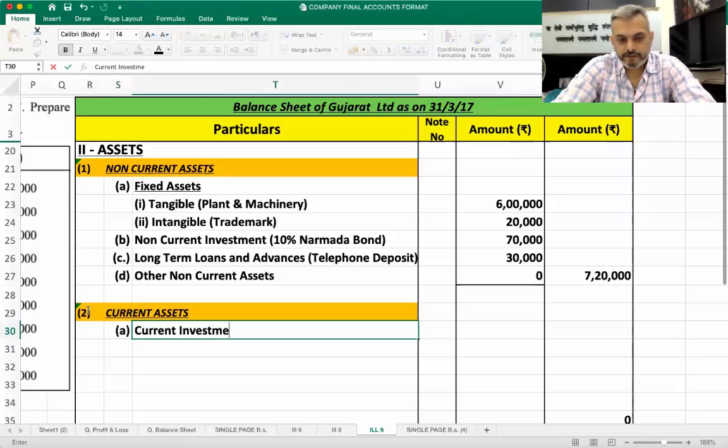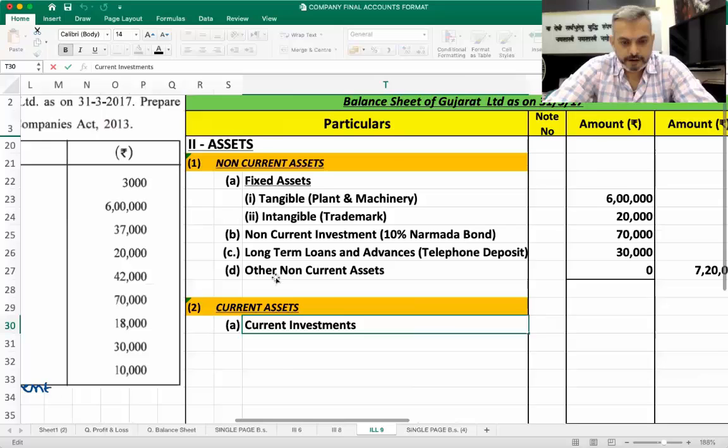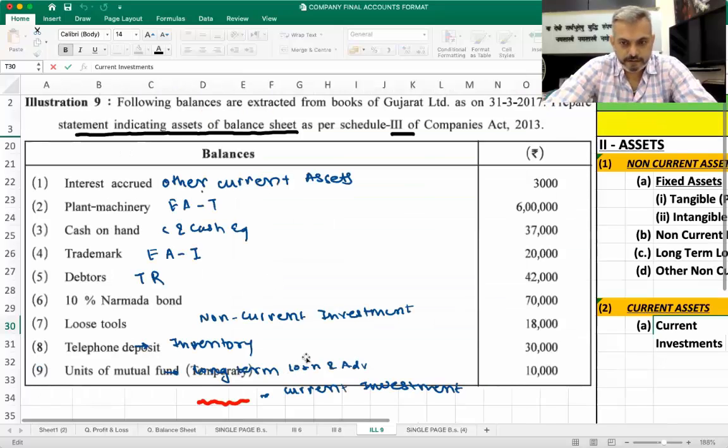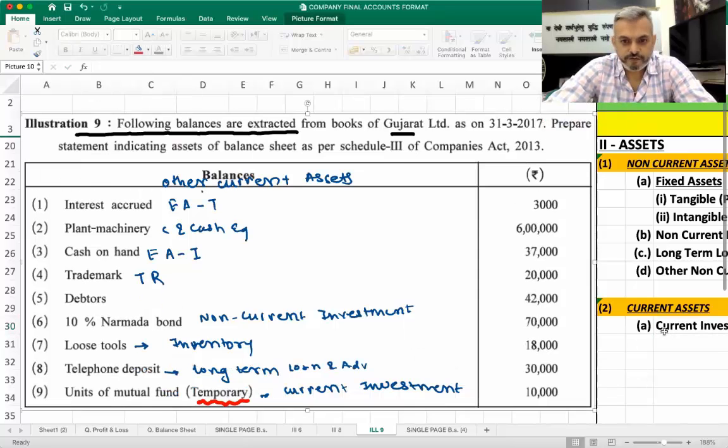Current investments. Now current investment, what we have, current investment, yes, we have units of a mutual fund.